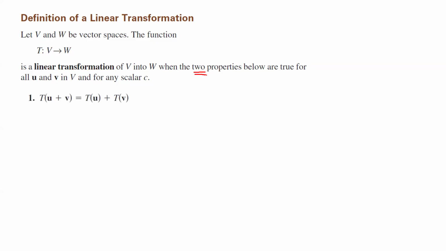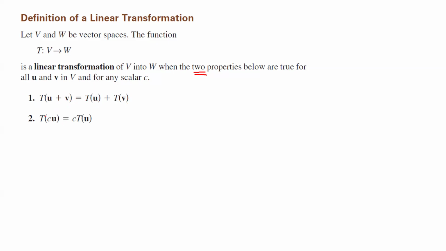The first property is that T of the addition of two vectors is equal to the addition of the output values. So basically, if you plug in u plus v, T takes the summation and gives you T(u) plus T(v). Also, it preserves scalar multiplication.